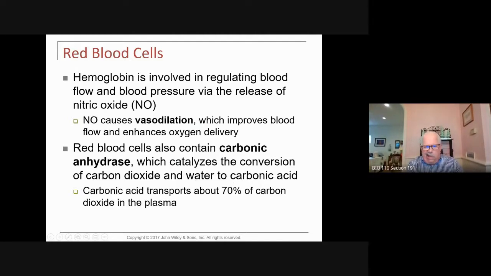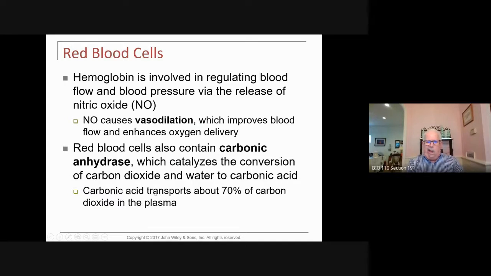This is the basis of the pH of your blood. Here it is. CO2 plus H2O gives you carbonic acid. It is catalyzed by the enzyme carbonic anhydrase. And that's very, very important.